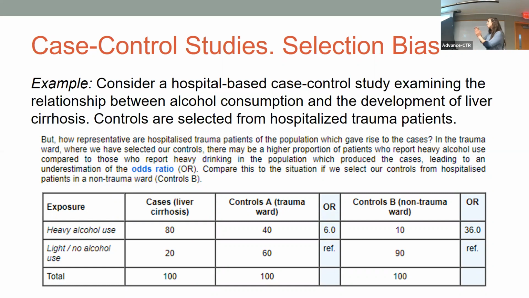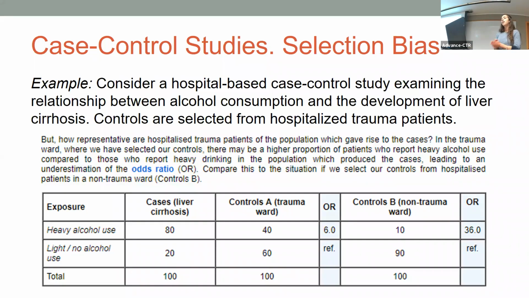Since the way in which you've selected your controls is actually related to your exposure, that impacts the odds ratio. If you use controls that came from the same population as the cases, which are controls B from the non-trauma ward, you find that the odds ratio is much higher. We would actually believe the second odds ratio of 36 more, because the controls were sampled from the same population that the cases came from.